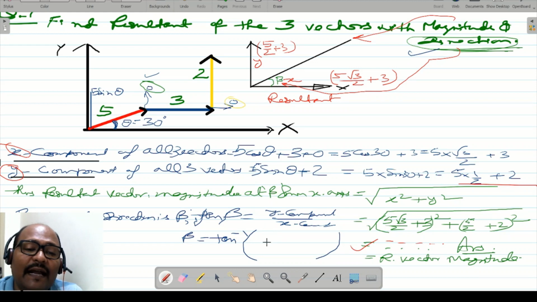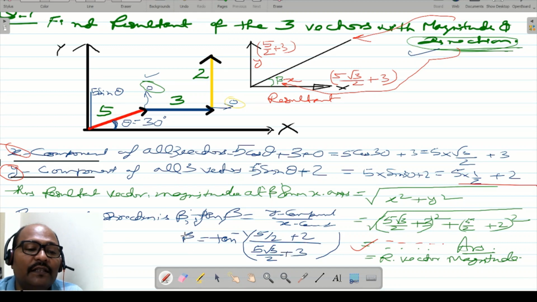What is that? Y component is 5 by 2 plus 2, right? And this will be divided by the x component of that vector, that is 5 root 3 by 2, plus 3.